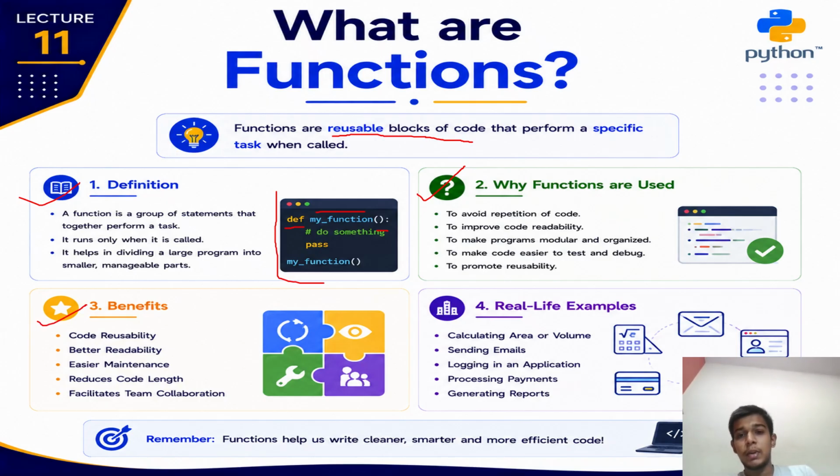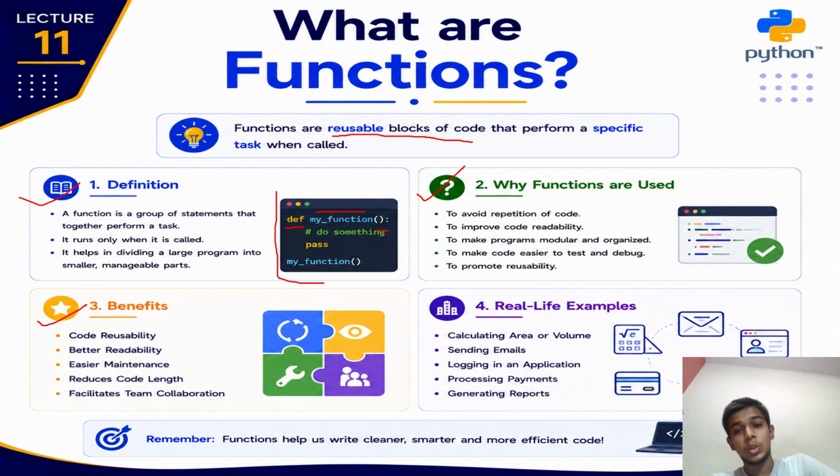Because of these advantages, functions provide many benefits. They improve code reusability. I have already told you, since the same functions can be called again and again. They make programs readable because the code is divided into meaningful sections. They make maintenance easier. If we want to change the logic, we only modify the function instead of updating the same code in many places.